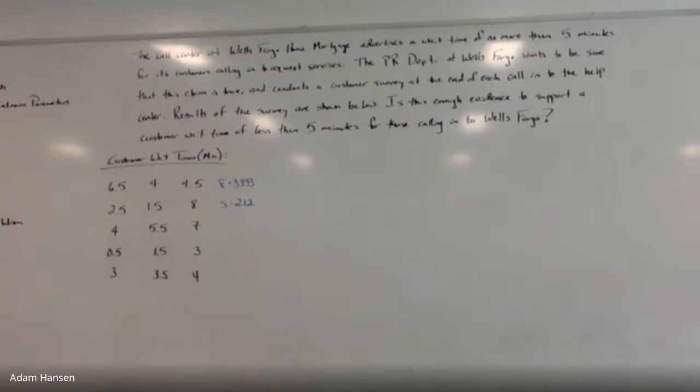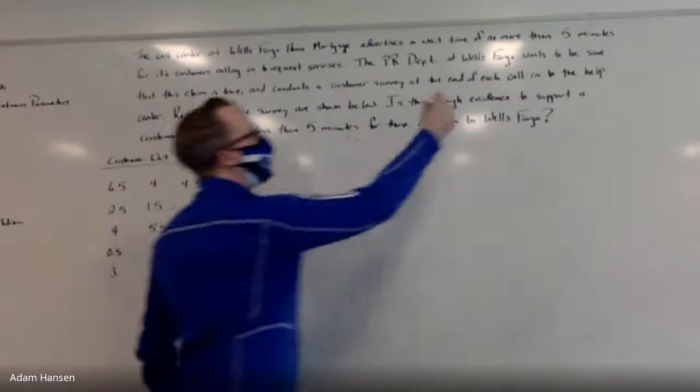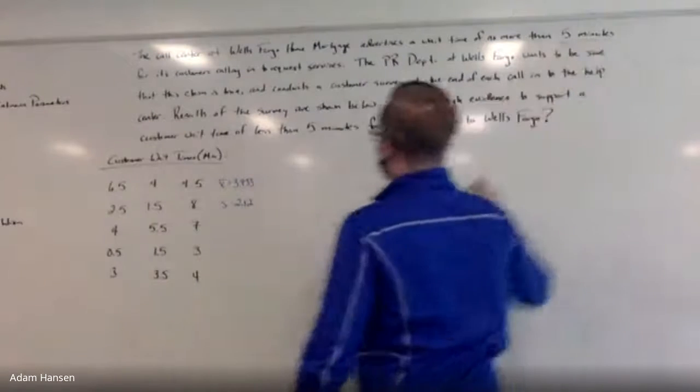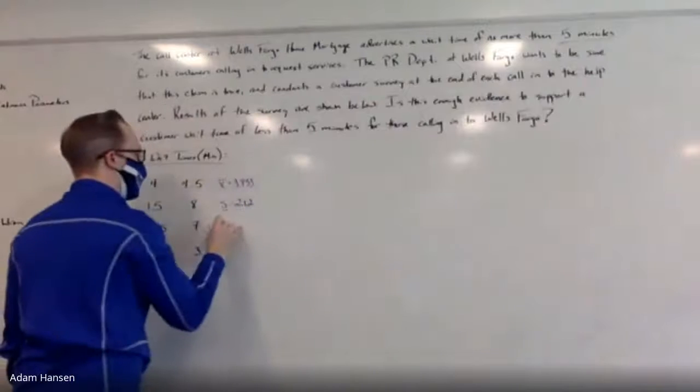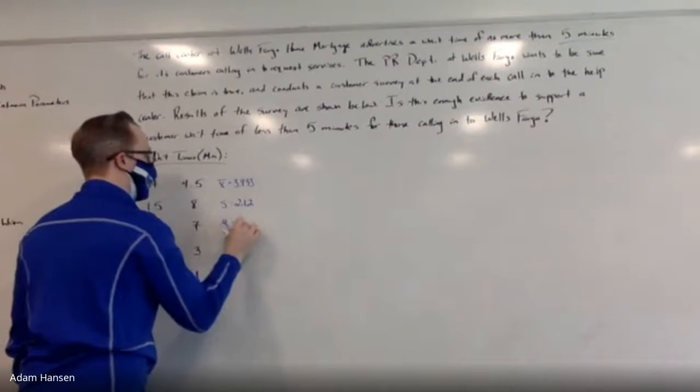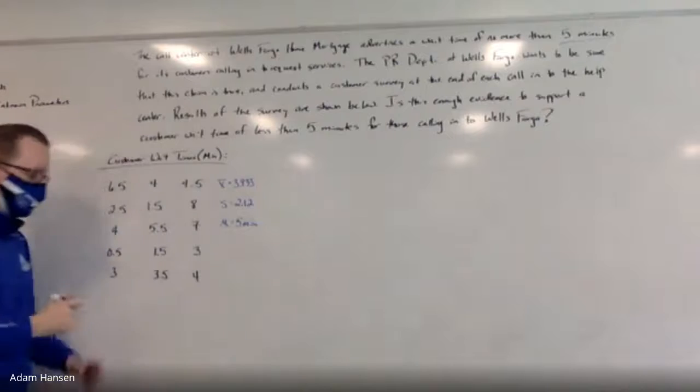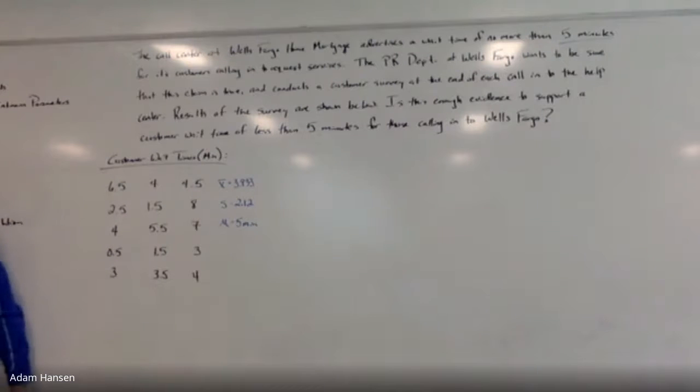This is a one sample test. I take a sample of call times and I want to compare it back to some hypothesized or benchmark value. What is the overall expected wait time for calling into this help center? So let's call that, I have an expected average wait time for everybody calling into this help center of 5 minutes.